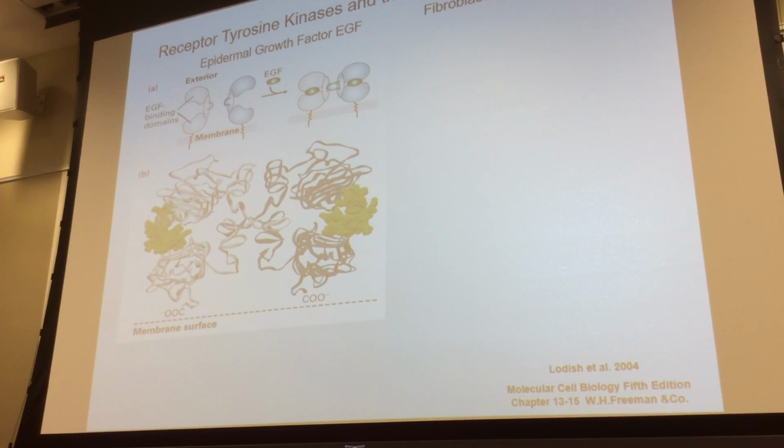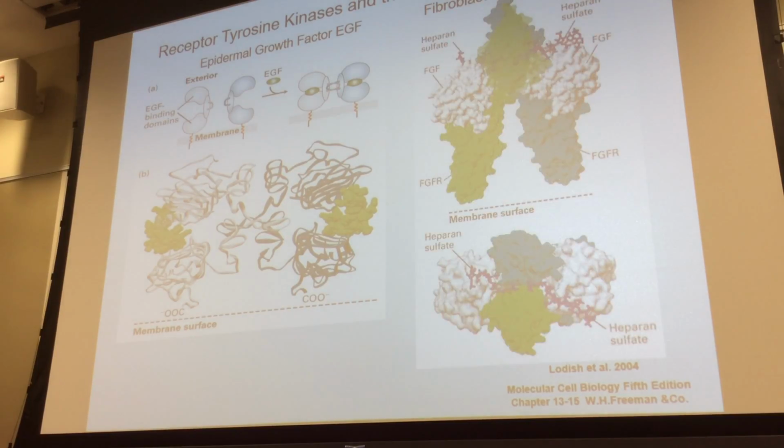Most of those that you've talked about so far have been small hormones, but this is almost a large protein itself, and allows the two binding domains to clamp down on this protein, and now it's part of the complex. That opens up this region for dimerization.